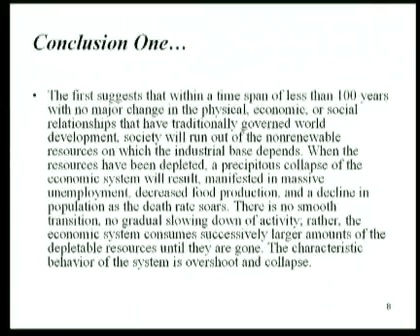And when the resources have been depleted, there's going to be a precipitous collapse of the economic system, and that'll result in massive unemployment, decreased food production, and an overall decline in population as the death rate soars.